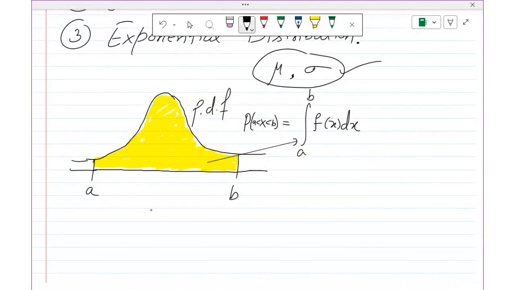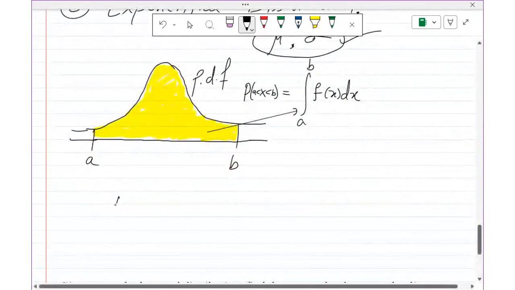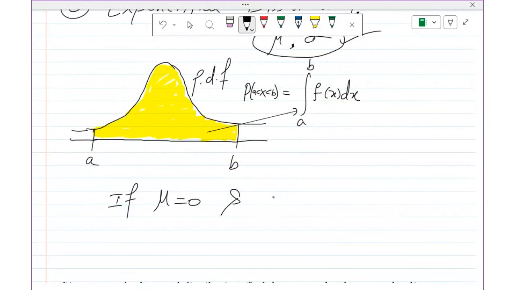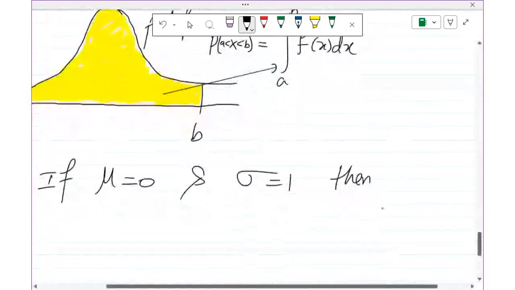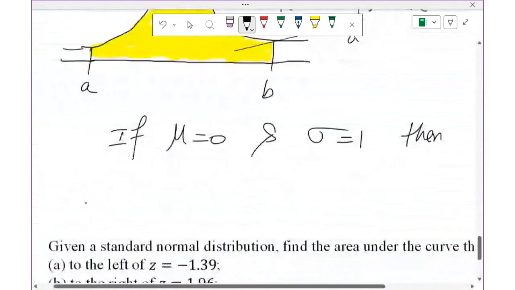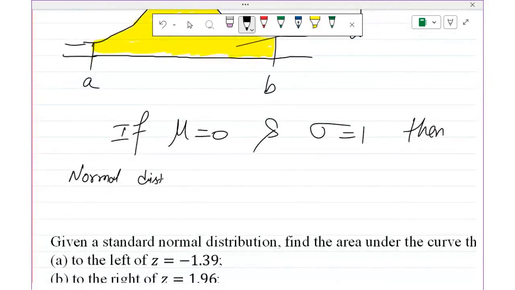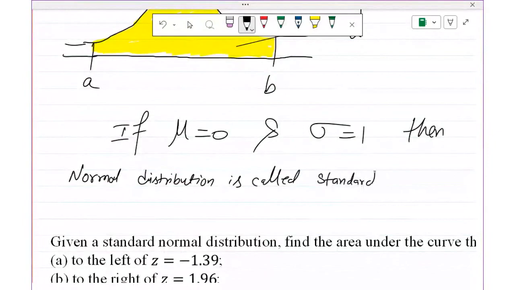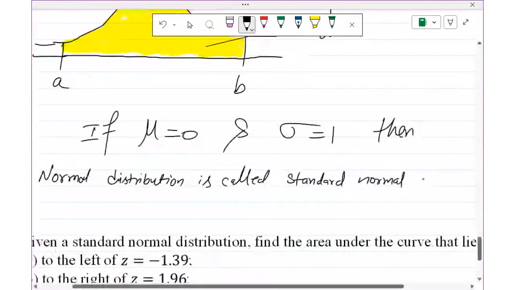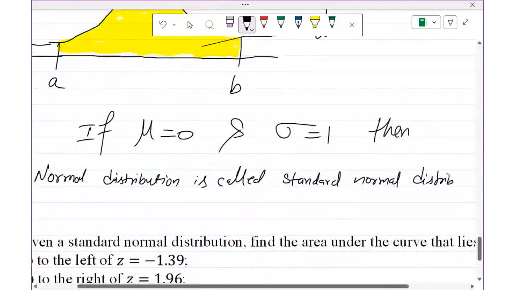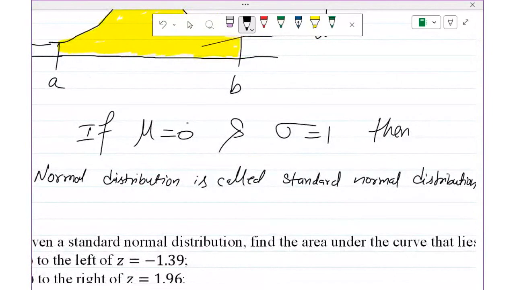If mean is 0, if mu is equal to 0, and sigma is equal to 1, then the normal distribution is called standard normal distribution. Okay, so mean 0 and standard deviation 1.